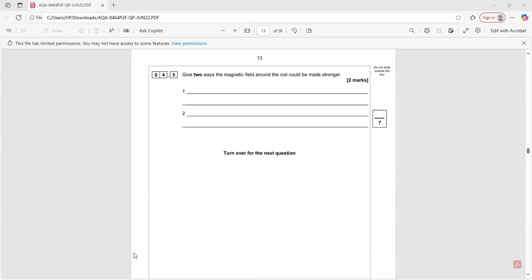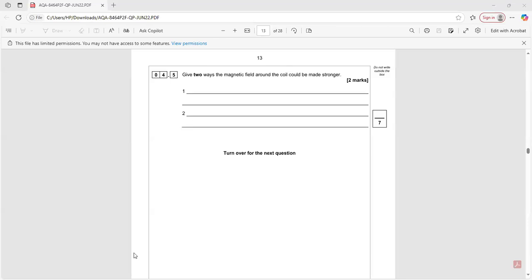Give two ways the magnetic field around the coil could be made stronger. Could you consult the scheme for this one? Bigger magnet.